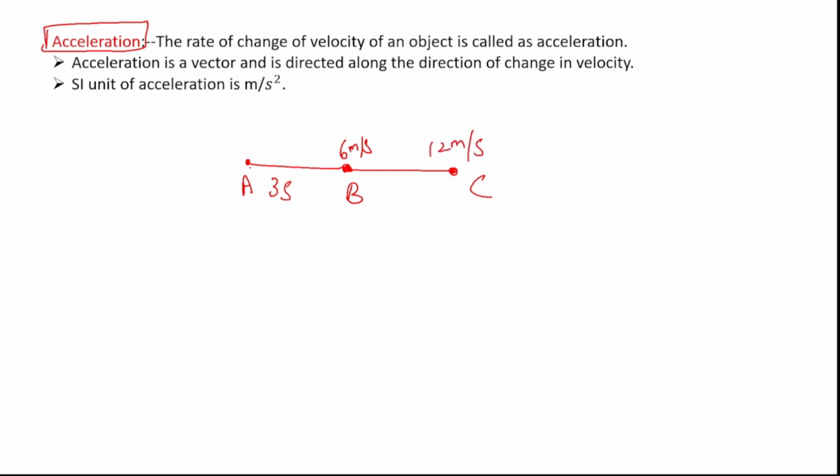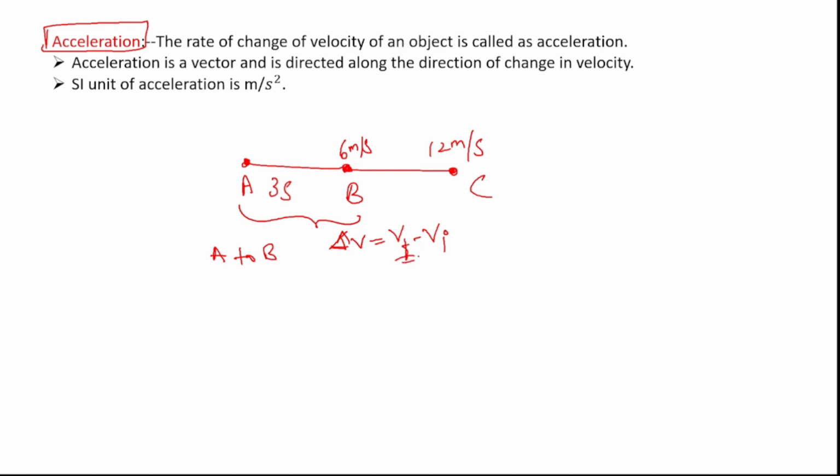Then how will you find the velocity change of that car traveling from A to B and B to C? How did we find velocity change? Simply we will say final velocity minus initial velocity, right? Delta V equal to Vf minus Vi. If you are finding in case of A to B, then what is Vf?